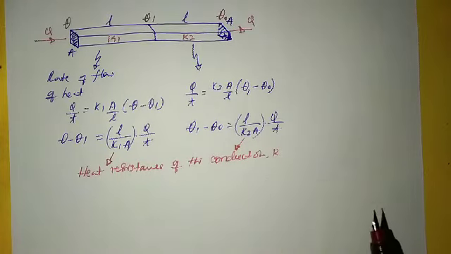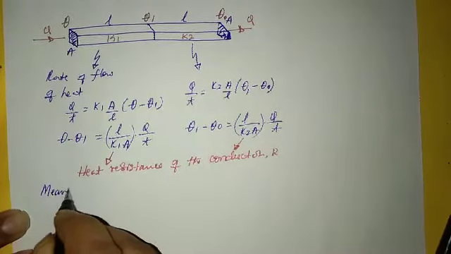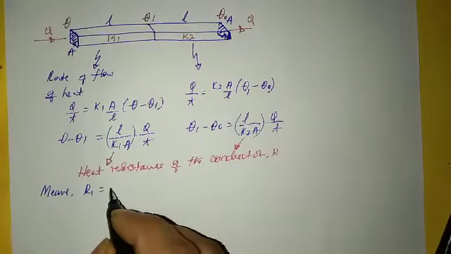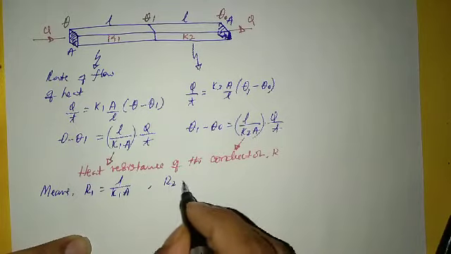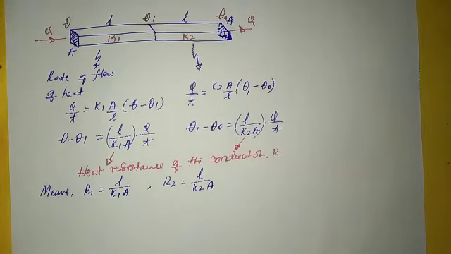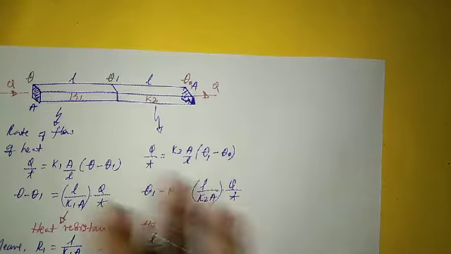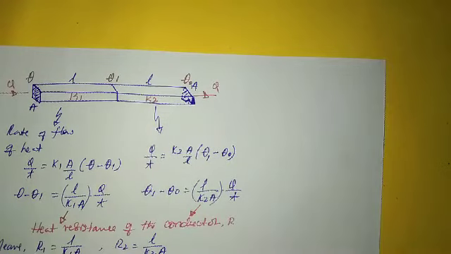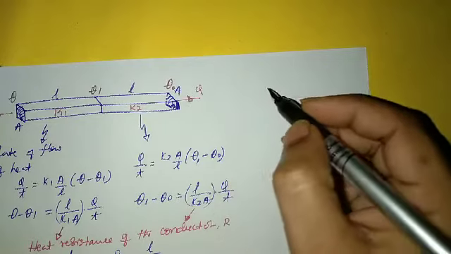The symbol is R. How can we write R for both? The heat resistance R1 for the first conductor is L divided by K1A, and for the second conductor R2 is equal to L divided by K2A. When you combine these two as a single one, the effective combination will be treated like this.